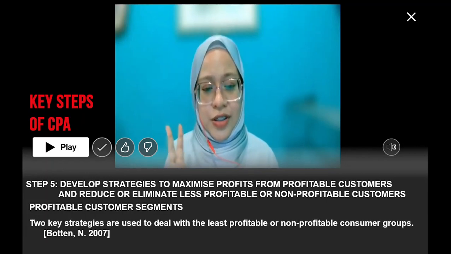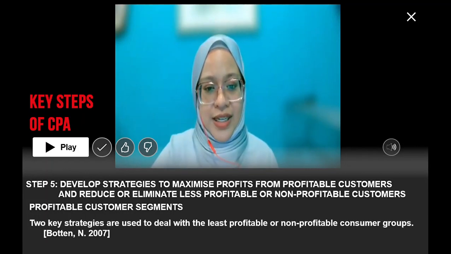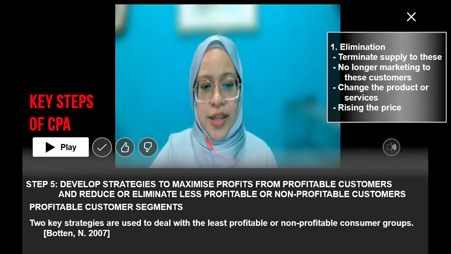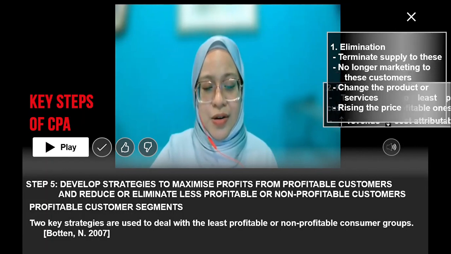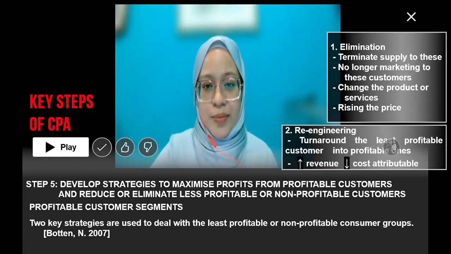There are two strategies used to deal with the least profitable or non-profitable consumer groups, which are elimination and re-engineering. In elimination, we tend to cease the activities involved in supplying to this group of customer segments. For example, terminate supply to these customers, no longer market to these customers, change the product or services, and raise the price.